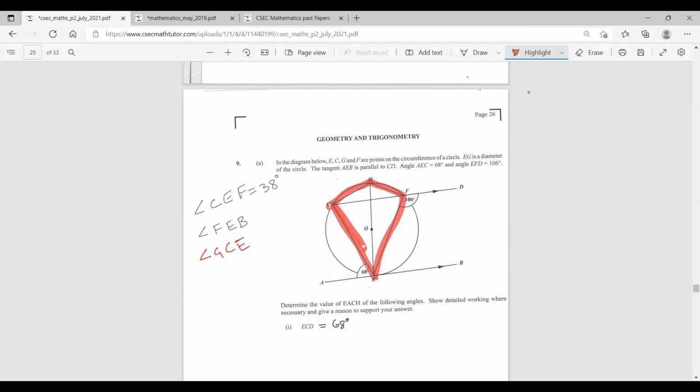So we're going to have a lot of different lines cutting left, right, and center. We have a triangle here, we have a triangle here, we have a cyclic quadrilateral here, we have a triangle here, right? With a bunch of different rules.